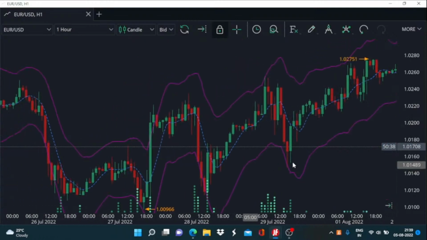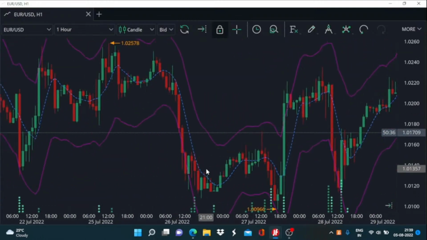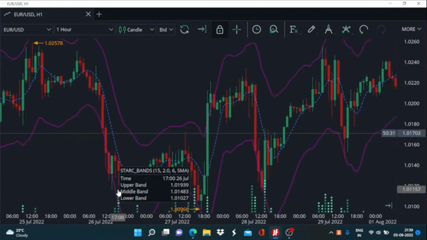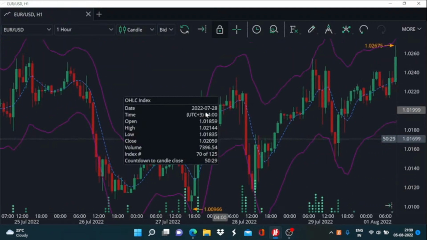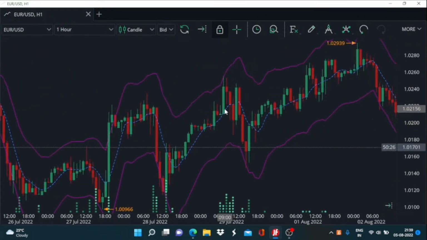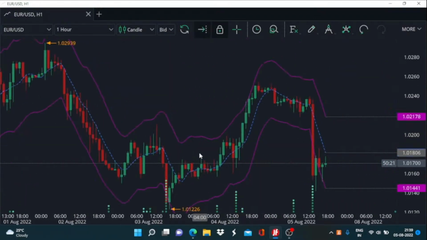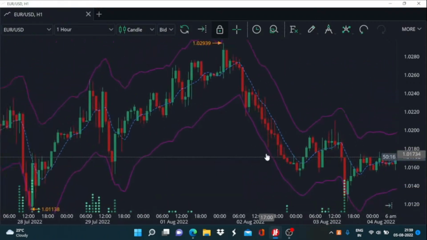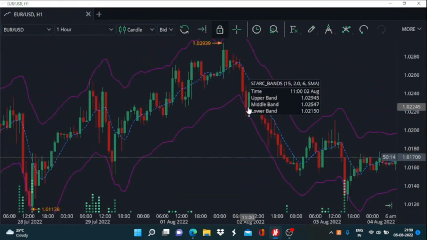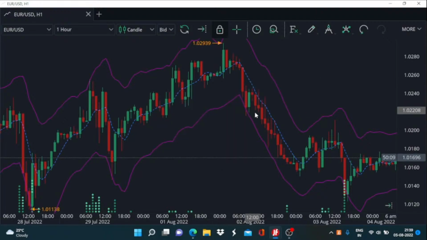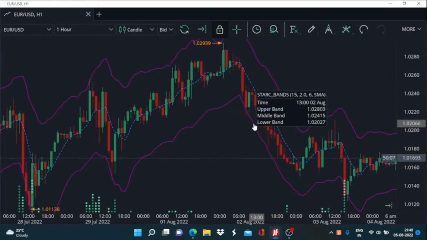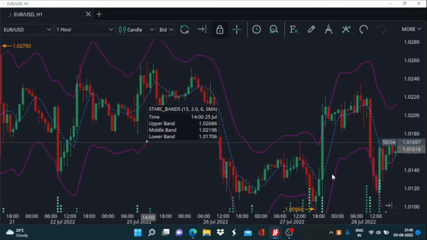The classical interpretation is kind of simple. We try to go for the buy trade when we have the price movement closer to this lower band, and we go for the sell trade when we have the price movement closer to this upper band. We will do well to remember that sometimes, even after touching this lower band, the trend doesn't really change and it continues to decline and decline, and a similar thing can happen in the uptrend.